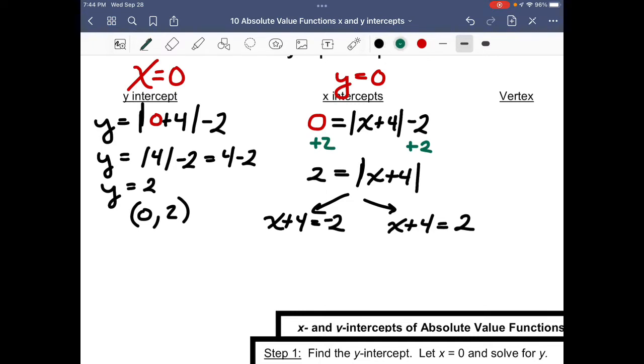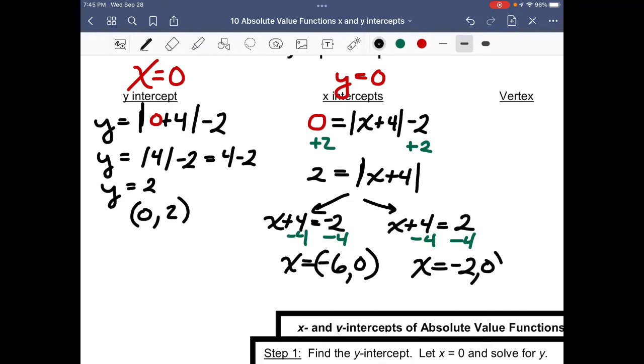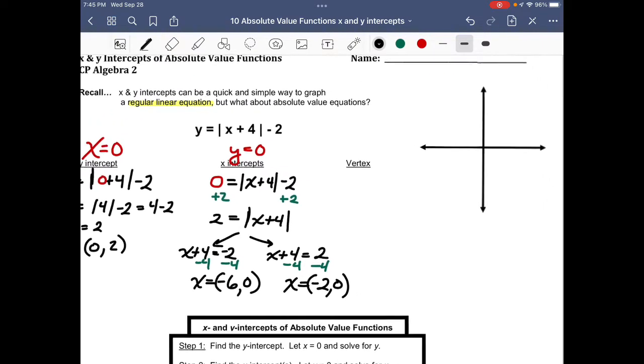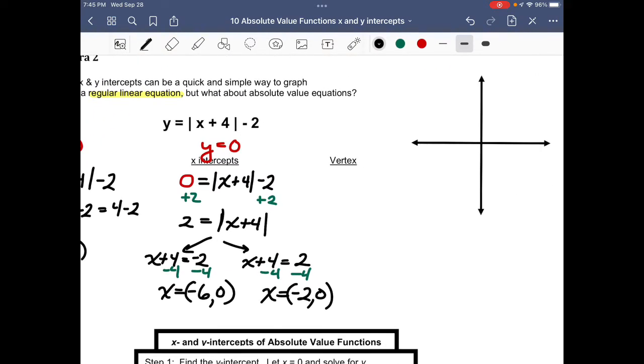Now when you solve, I don't know which side you want to solve first. When you solve over here, you subtract 4, which gives you negative 2. And when you subtract 4 over here, that gives you negative 6. Now what I want you to keep in mind is that both of these represent the x-intercepts. Both of them represent a point. So it looks like we have two x-intercepts.